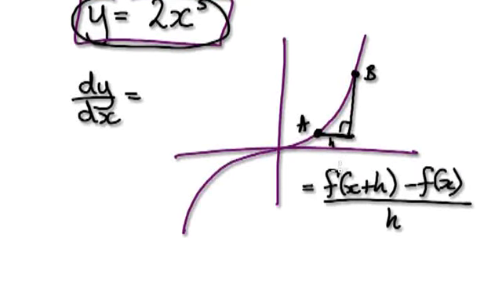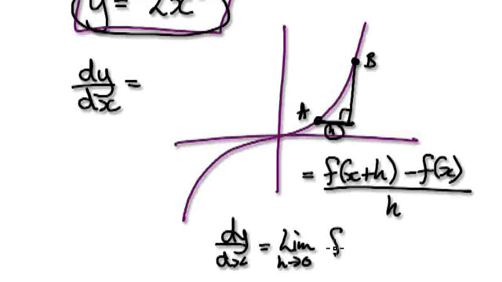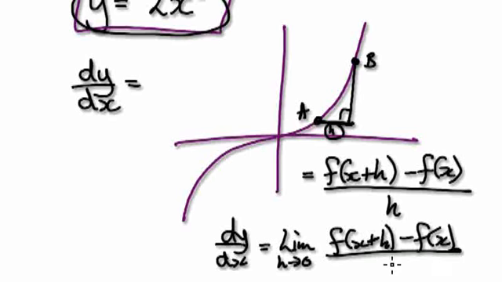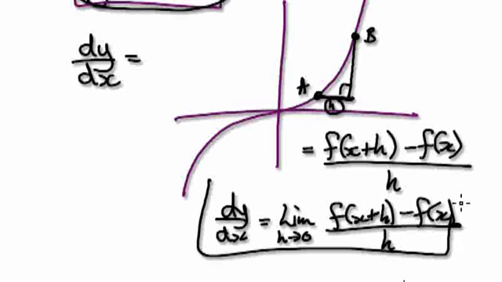And now the true gradient, which is dy by dx, is when you start to take the limit as B moves towards A. So take the limit, and the way you get B to move towards A is to decrease h each time. So take the limit as h tends to 0 of f of x plus h, take away f of x, divided by h.